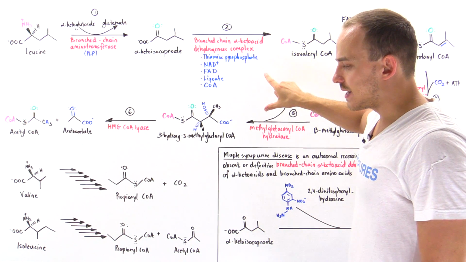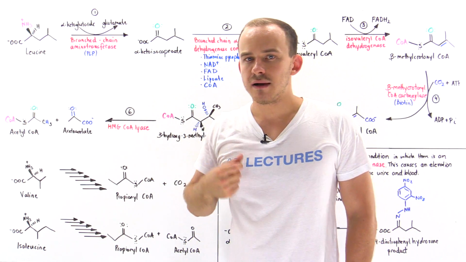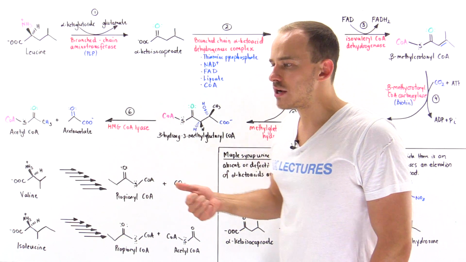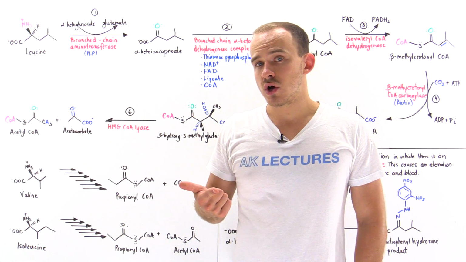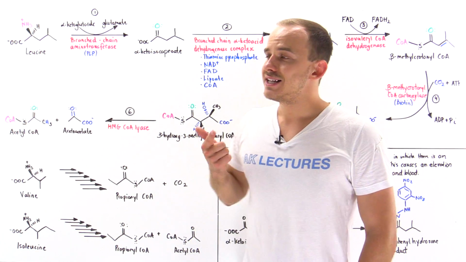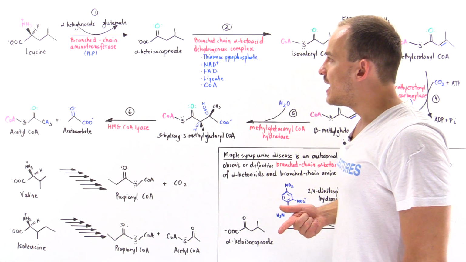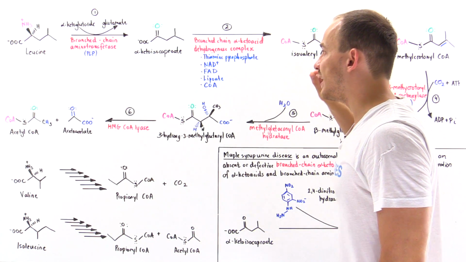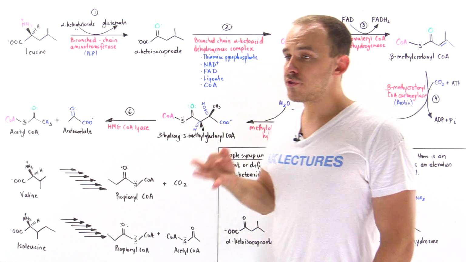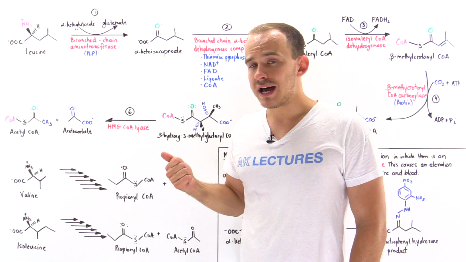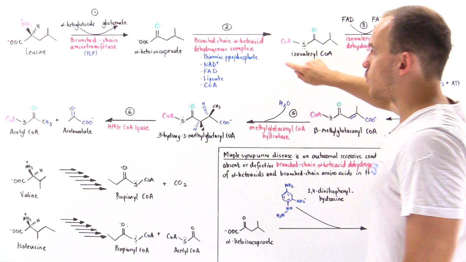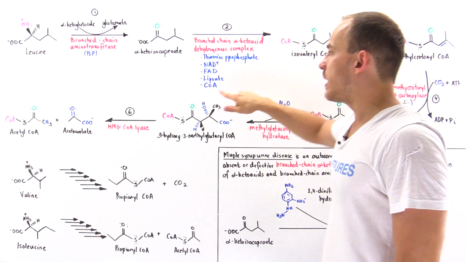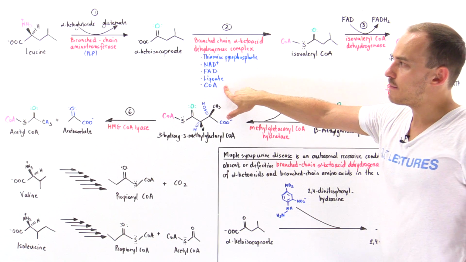Now, this complex is homologous to two other complexes that we discussed before: the pyruvate dehydrogenase complex and the alpha ketoglutarate dehydrogenase complex. Just like those two complexes, it consists of 3 catalytic subunits, and it utilizes 5 cofactors: thiamine pyrophosphate, NAD+, FAD, lipoate, and coenzyme A.